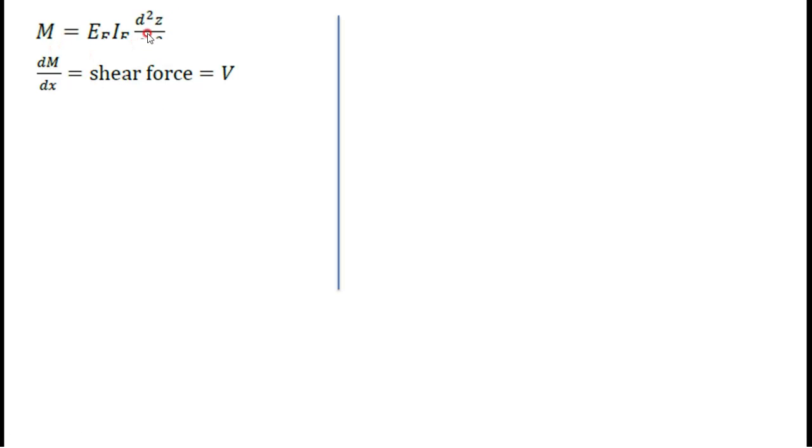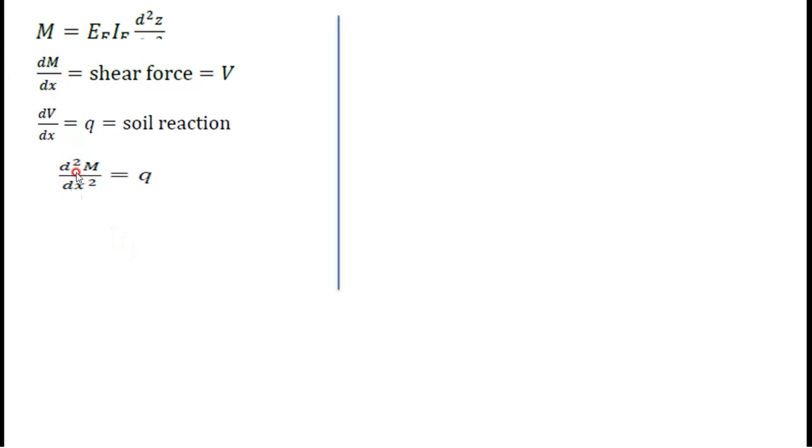Okay, then here you can say dM by dx, the rate of change of moment, is called the shear force. That is your shear force. Means if you get this one, just differentiate, you will get the shear force diagram. Then again differentiate this one, you will get the load diagram. Or the reverse also you can go: integrate this one, you will get shear force, integrate this one, you will get bending moment.